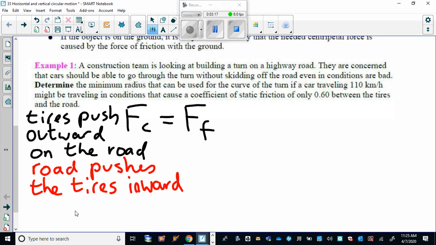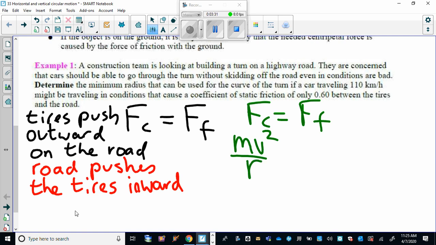Okay, so let's go back to this formula here. The centripetal force equals the frictional force. We've already determined the formula for the centripetal force is mv squared over r. And the friction force from the last unit is going to be mu Fn.